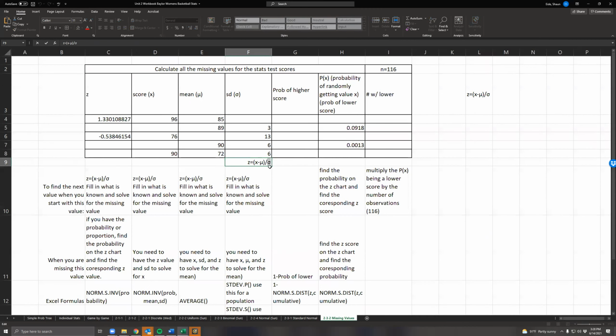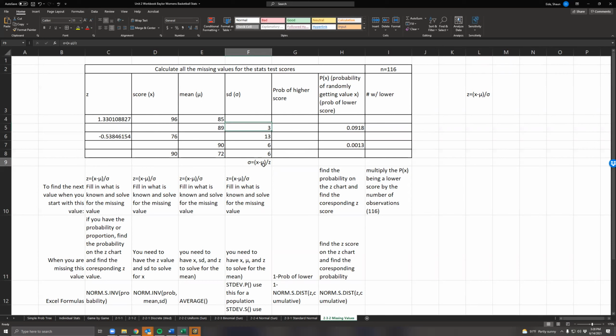Right, multiply the standard deviation. So right now it's divided by the standard deviation. So now we're going to multiply both sides by the standard deviation. And now what do I need to do from here? Divide by z-score. Yeah. Okay, so now we can solve to fill in this spot, right?